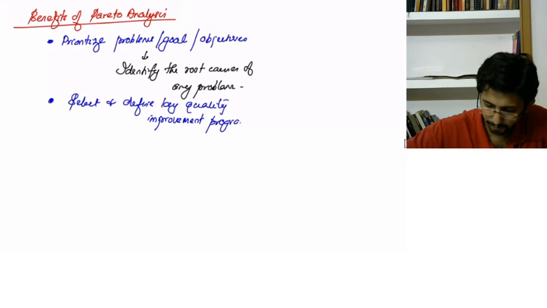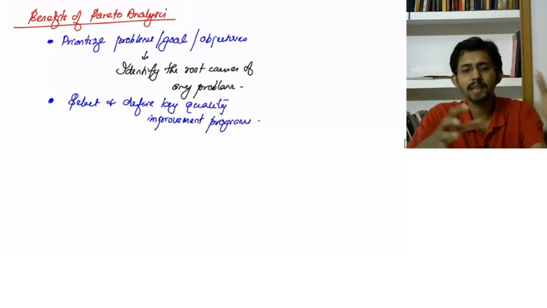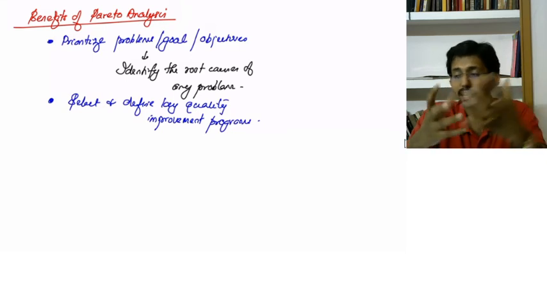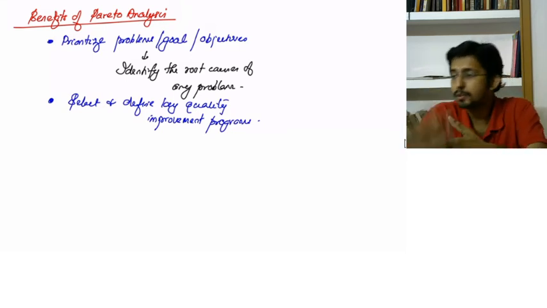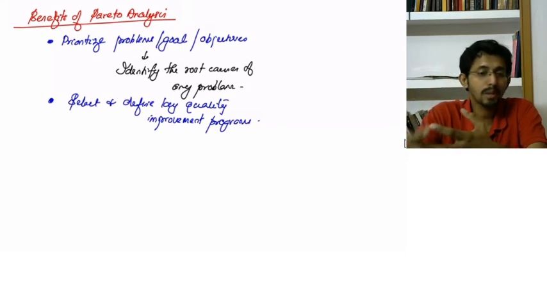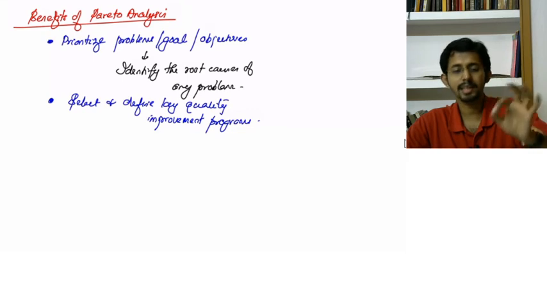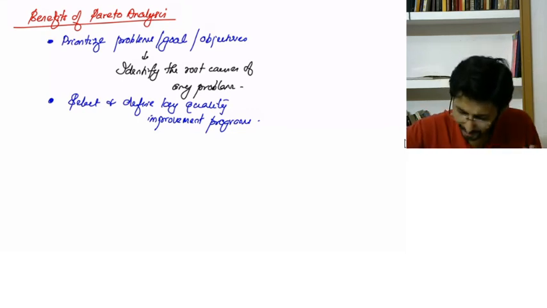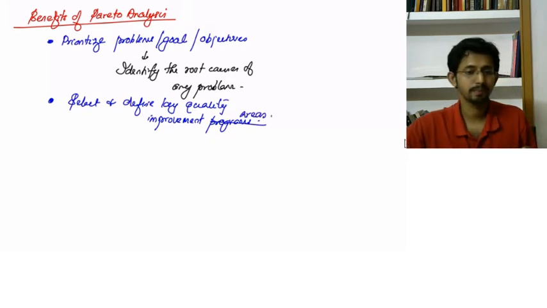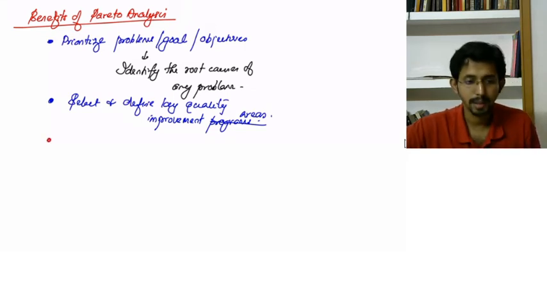So if you have implemented Pareto analysis, you can tell, okay, these are the key quality improvement areas, the areas where I need to focus. These are the factors which I am more concerned about, so I need to focus on that. So it will help you to select and define the key quality improvement programs or areas.